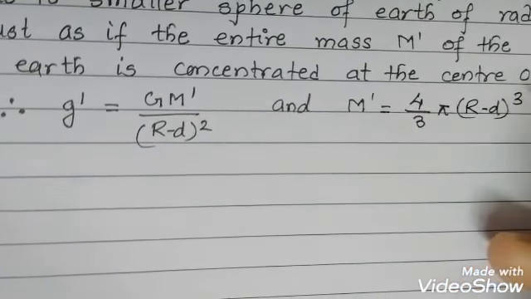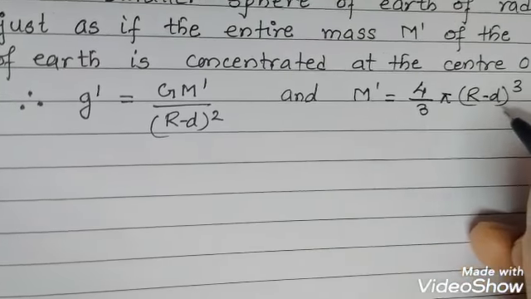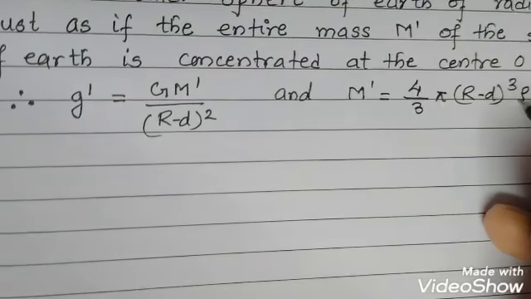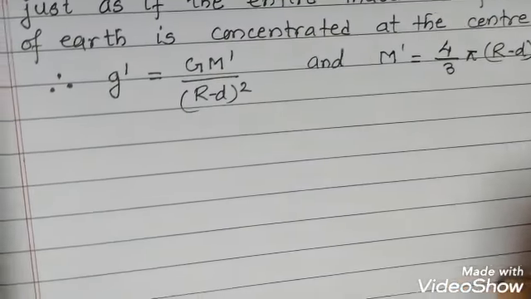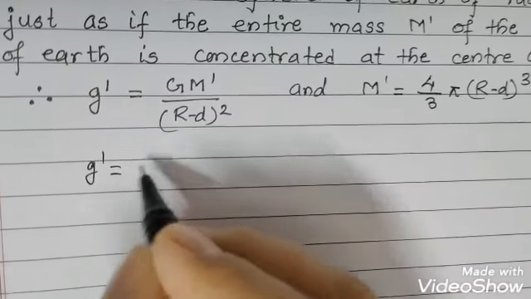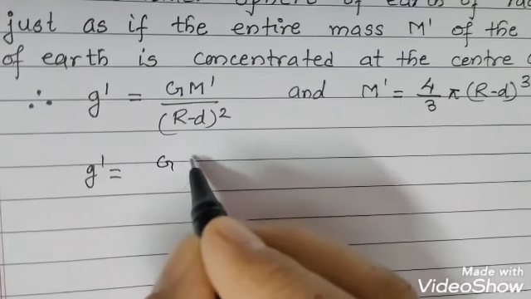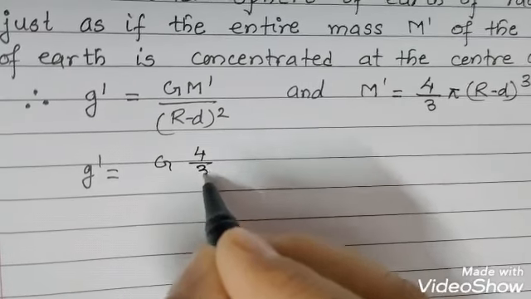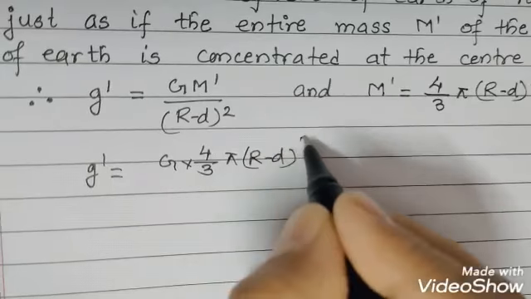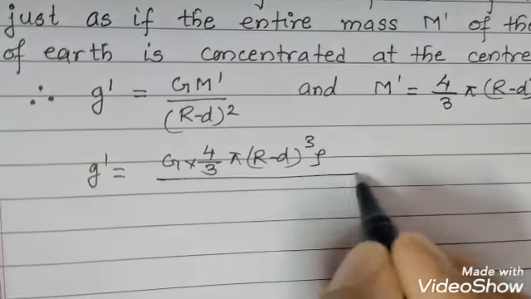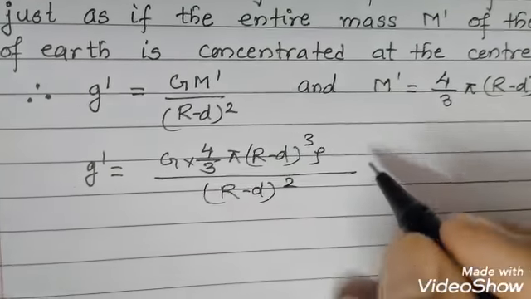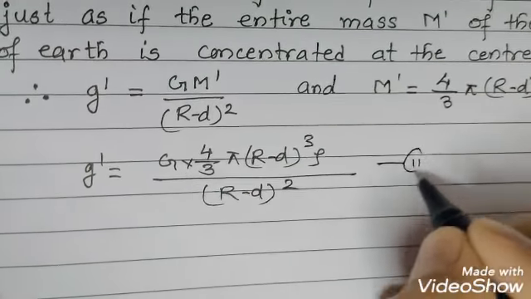So the volume is 4 upon 3 pi r minus d cube, and the density is rho. So m dash is this. We'll place this value in this equation: g dash is G, 4 upon 3 pi r minus d the whole cube rho upon r minus d square. This we call equation 2.